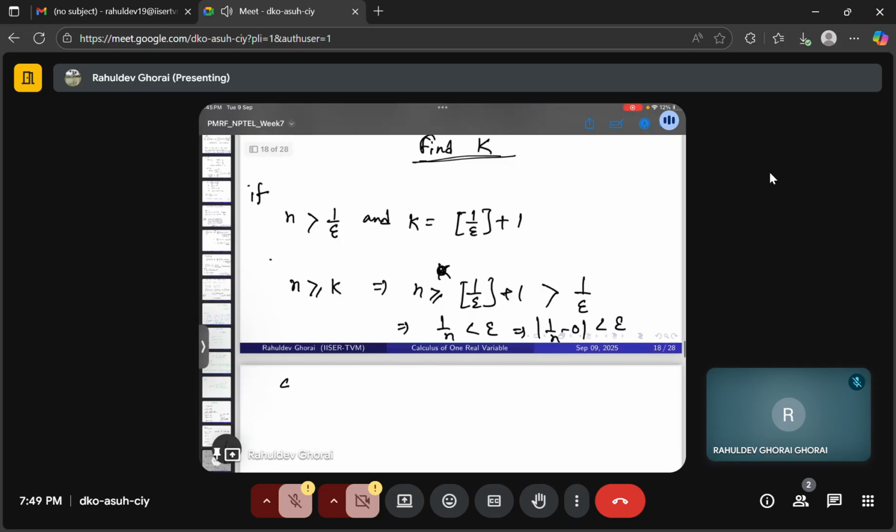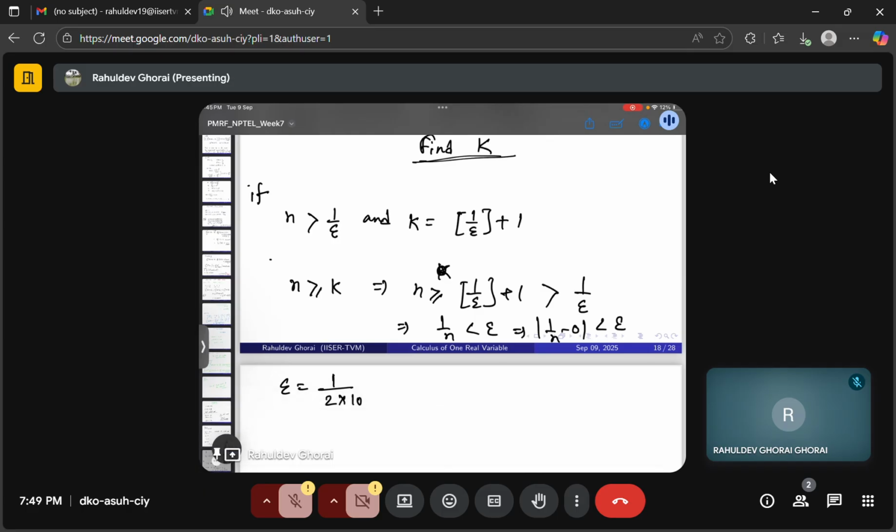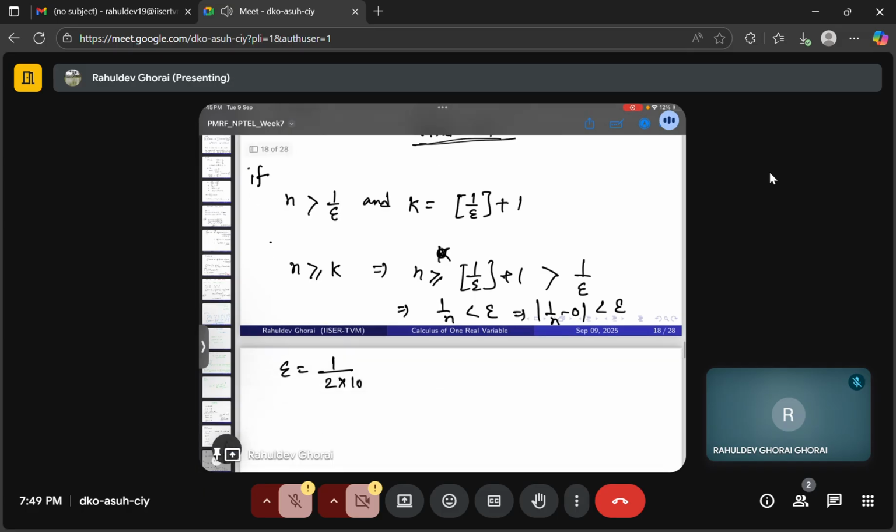So let's say epsilon is equal to, in this case I'll assume, okay, no, yes, 1 by 2 times 10, let's say. Let's say epsilon is like this.